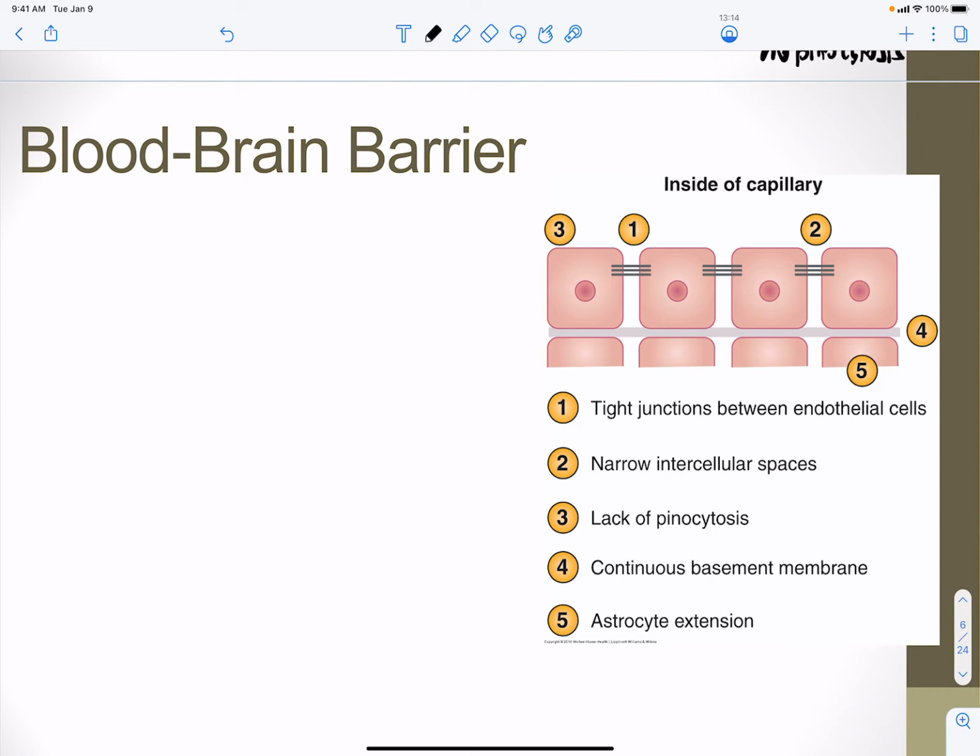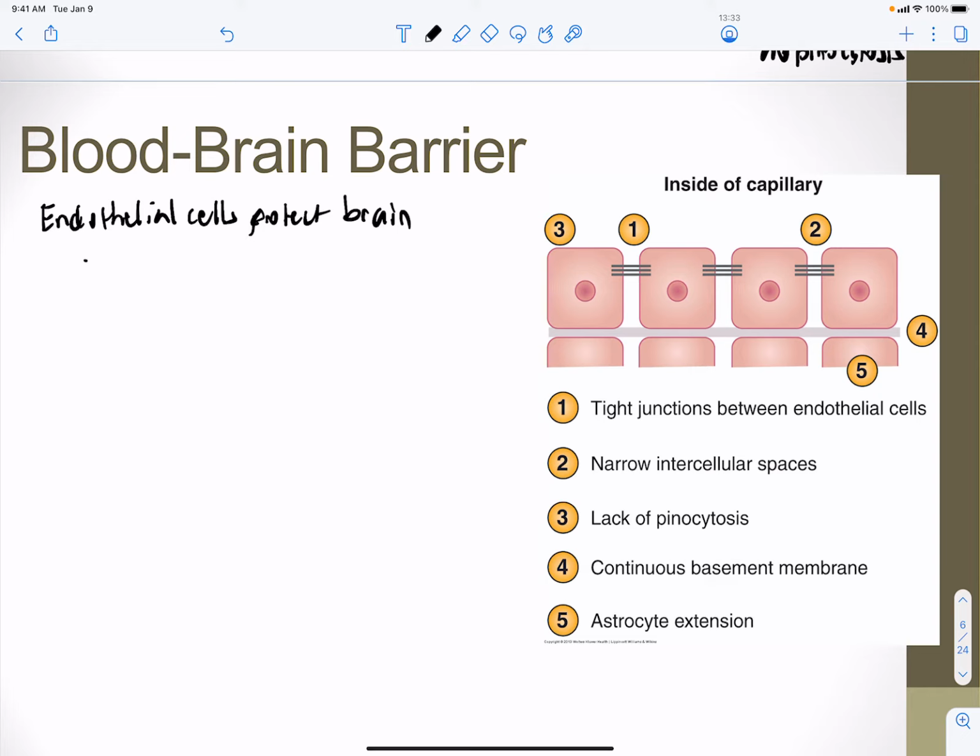Now, for the endothelial cells, their purpose is to protect the brain. So they're protecting them by influencing what enters.